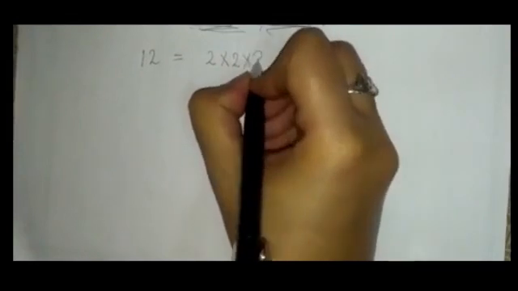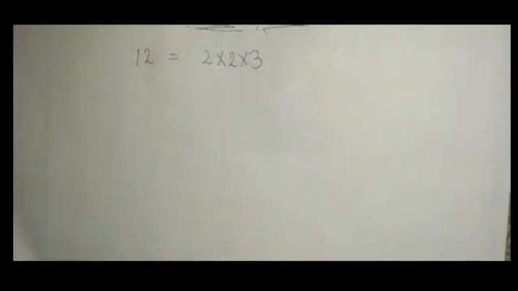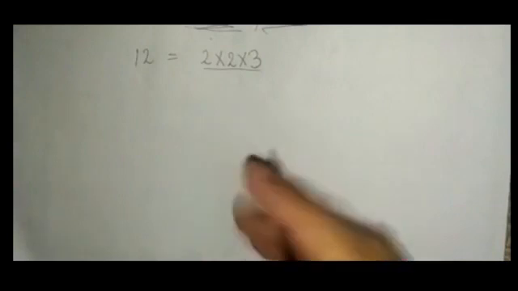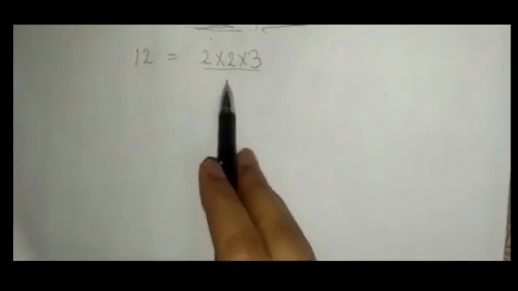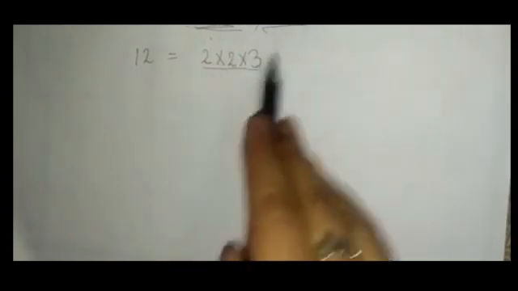Find its factors. When I find its factors, I will get 2, 2 and 3. You can check as well. 2 2s are 4, 4 3s are 12, right? All are prime numbers. 2 is prime, 2 is prime, 3 is prime, right? And if we multiply all the numbers, we get the same result. 2 2s are 4, 4 3s are 12, right?